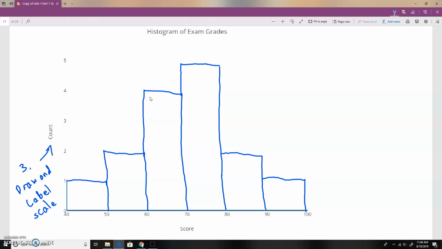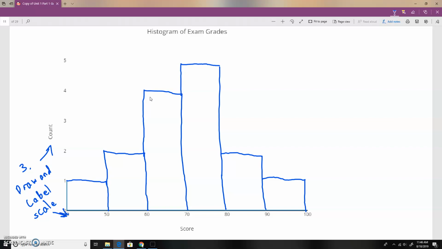Our scale is here and here. Okay. You'll see it starts at 0. It goes up to 5, which is our highest frequency we had. And then we have our 40 to 50, 50 to 60, 60 to 70.